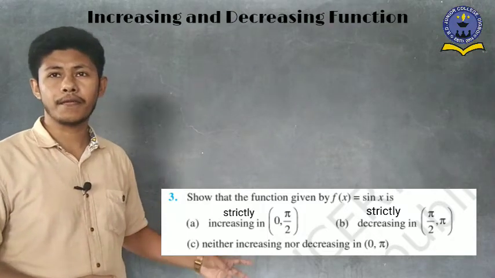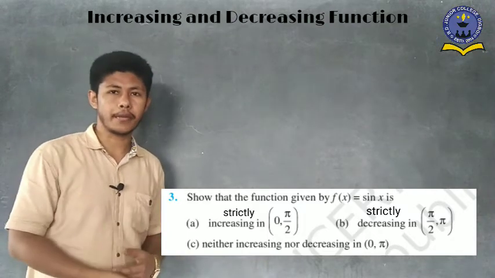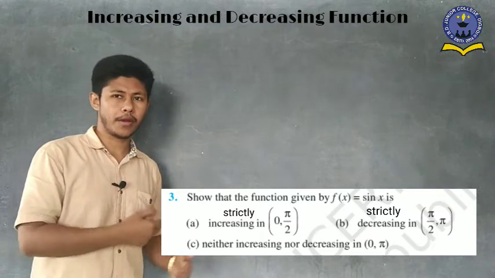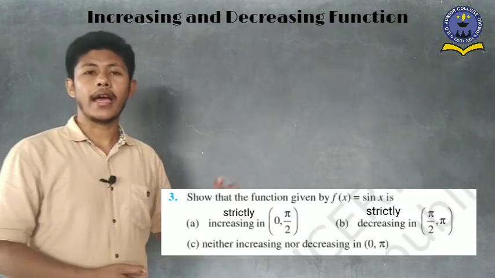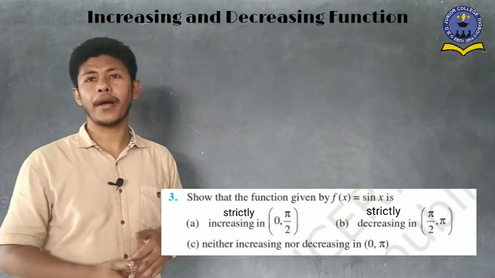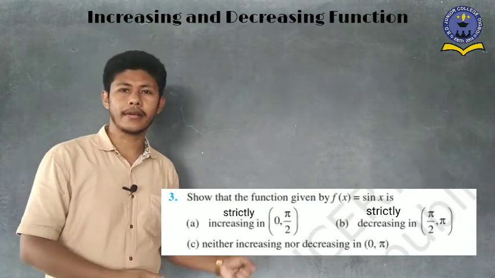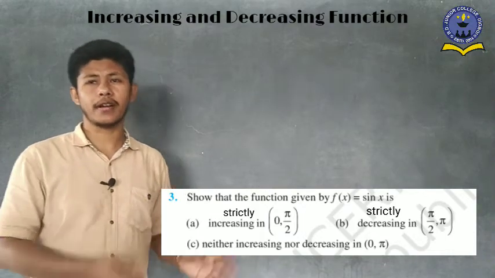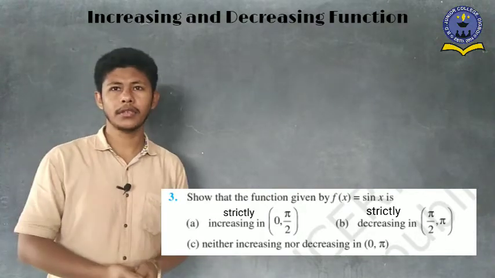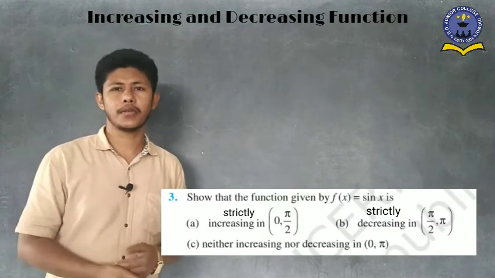We need to prove that in between 0 to pi by 2 it is strictly increasing, in between pi by 2 to pi it is strictly decreasing, and the last one is neither increasing nor decreasing, in the interval from 0 to pi.